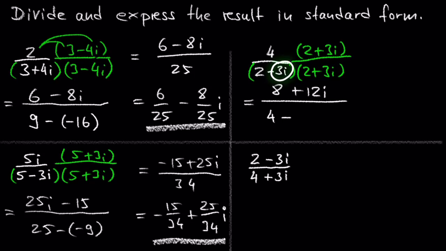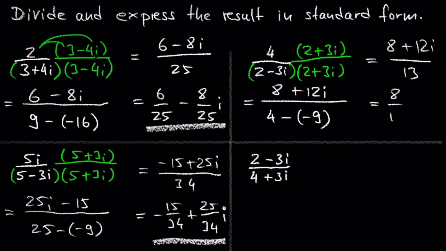And 3i squared is negative 9. So we get 8 plus 12i over 13, which is then 8 over 13 plus 12 over 13 times i.